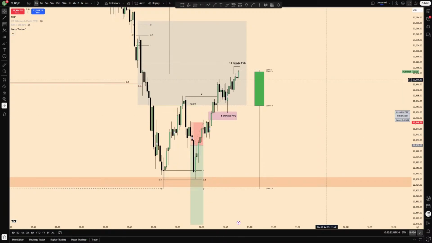But there are those times where you're like, yeah, this 50 minute's gonna get ran, and you're fine taking a short or a long before. This is not one of those times, so there probably just won't be a trade. By the time I wait for the 50 minute to get inversed, it'll probably just keep going, unless there's like a PM session reaccumulation.